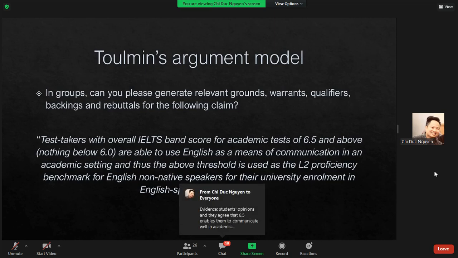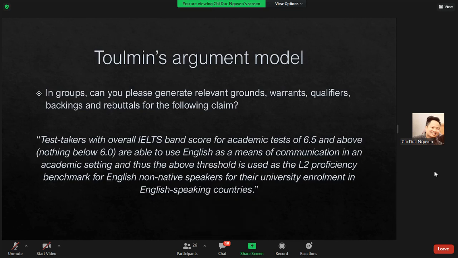Okay, so those are the two things that we have. But is this enough to justify the claim? Yeah, is there any kind of underlying assumption that we need to spell out and again justify before we can link this kind of evidence back to the claim?